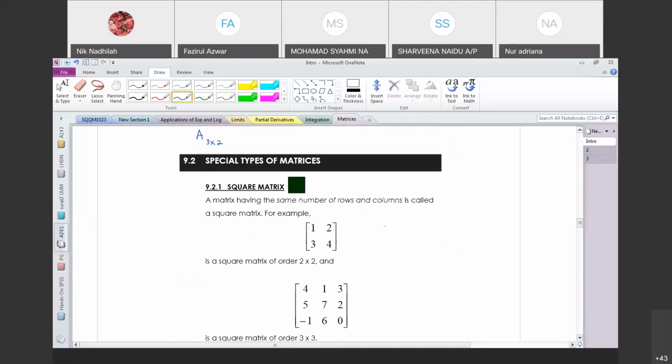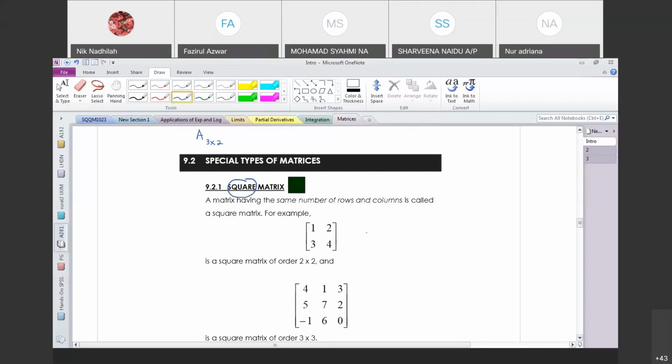Continue with types of matrices. This is very straightforward, right? As you can see, the term itself, square matrix. Square matrix means the matrix has the same number of rows and number of columns.